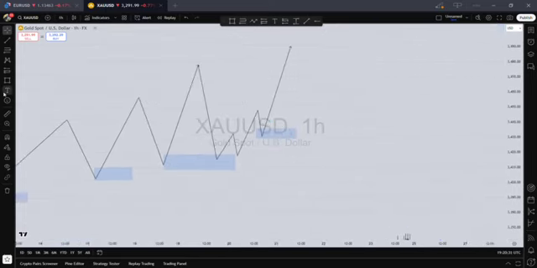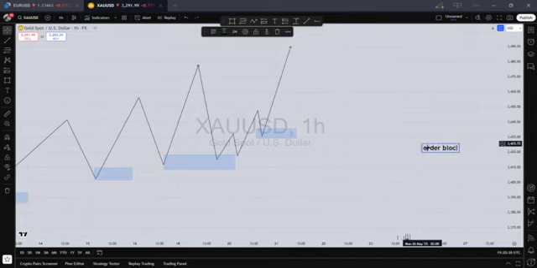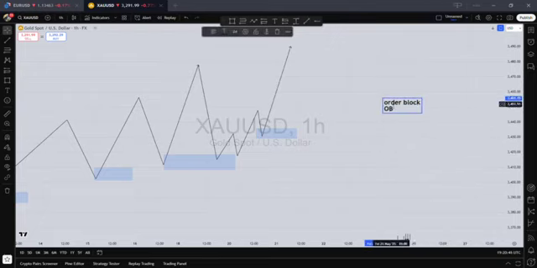They are where traders have a lot of orders, of entries, of buy entries, of sell entries. So market will always be attracted to where there are chunks of orders. And order block is one of those.